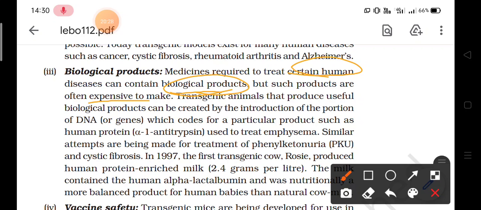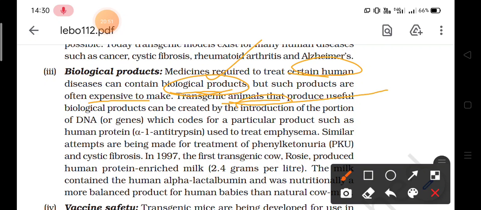So certain diseases need biological products, but these products are expensive. How can we make them less expensive? By making transgenic animals, which will provide us these biological products at lower cost.